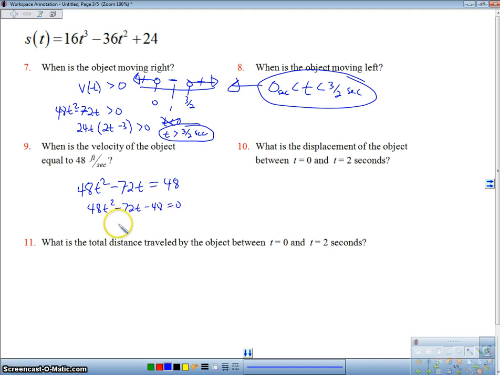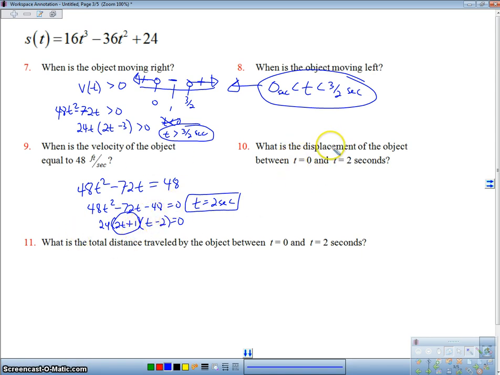When I simplify and factor this, I'm going to end up with 24 out here, (2t plus 1) and (t minus 2). So I'm going to get t equals 2 seconds. Now, why did I not include the negative 1/2? Because we don't have negative 1/2 seconds, okay? So we're not going to have negative 1/2 seconds.